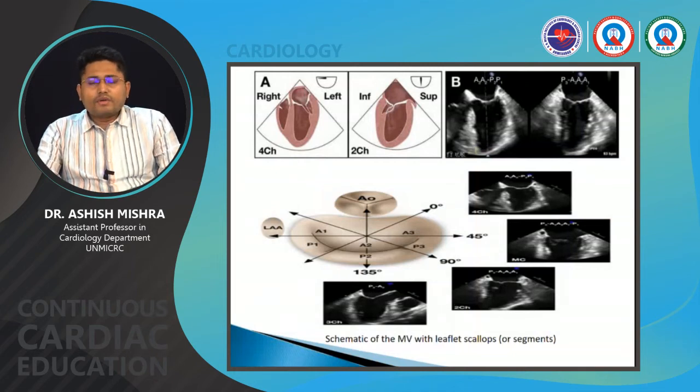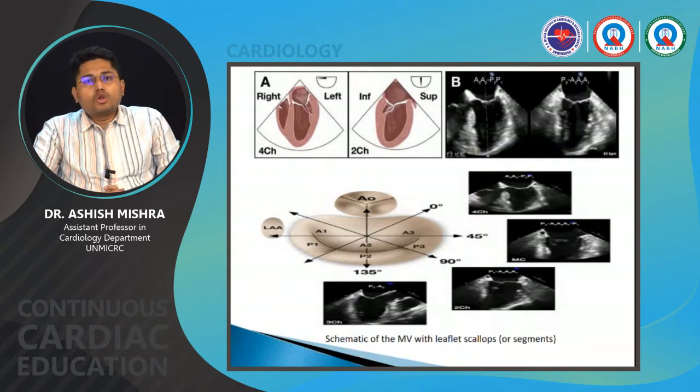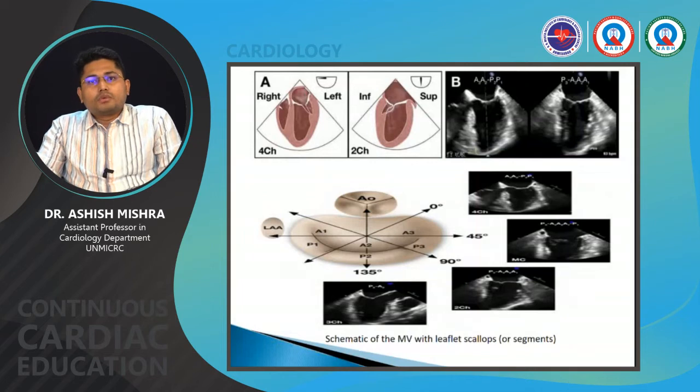So this is important when we are dealing with mitral valve regurgitation or a mass attached to the mitral leaflets. It will help us to delineate the exact attachment point, and it will also help the surgeons in providing the appropriate surgery, particularly in guiding them for mitral repair. Also, in mitral valve prolapse, we can see the various scallops.